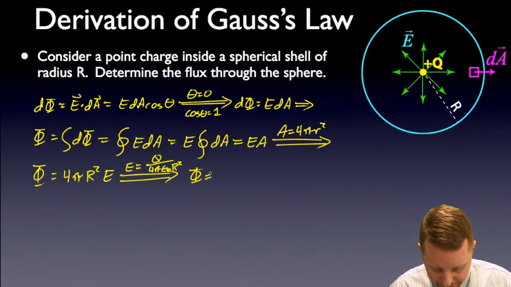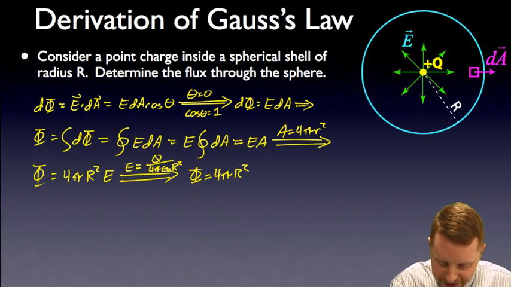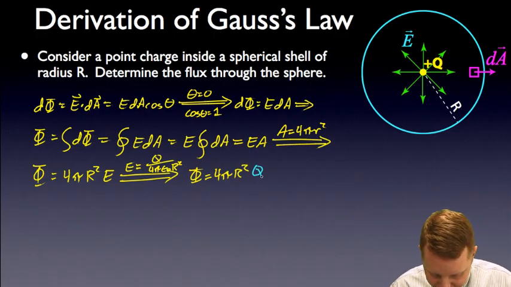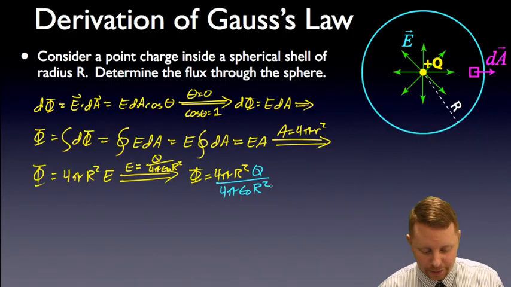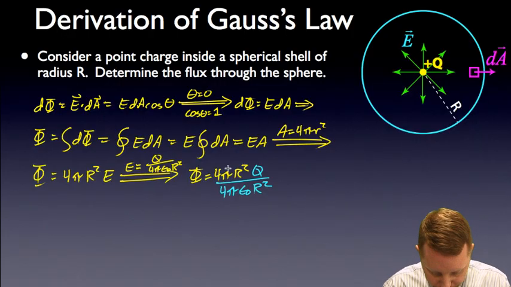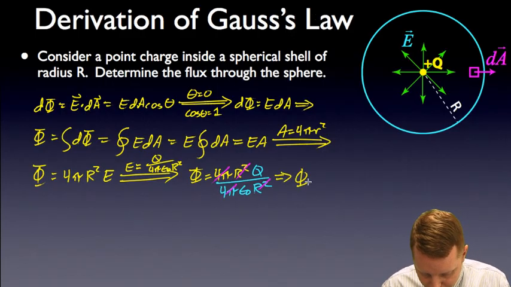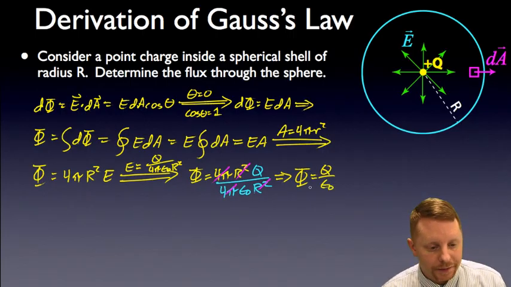So then our total flux is 4 pi r squared times E, but E is Q over 4 pi epsilon naught r squared. We've got some pretty slick cancellations coming up here. 4 pi, r squared. Therefore, the total flux is Q over epsilon naught.